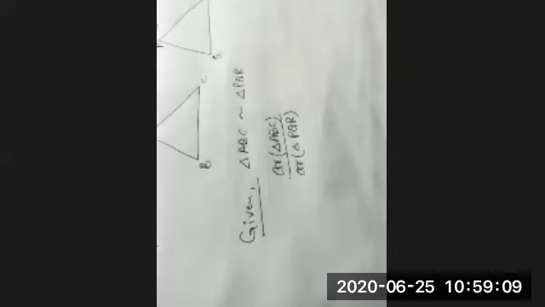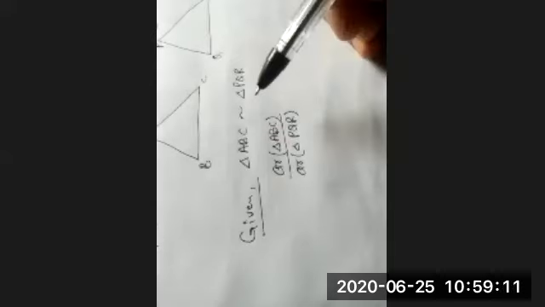Then we have to prove that area of triangle ABC divided by area of triangle PQR, which is called the area ratio of two similar triangles, is equal to the square of the ratio of their corresponding sides.